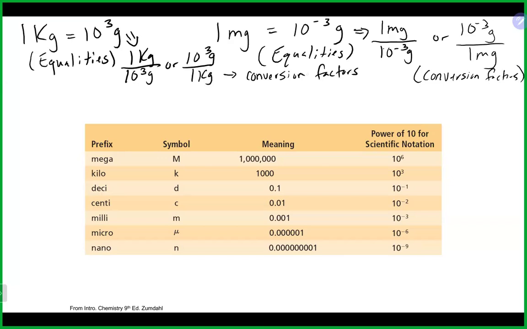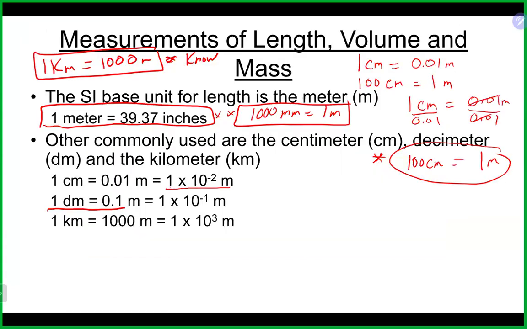So in chemistry, as I talked about, and we'll talk more about it in this chapter in a little bit more detail, when we do calculations, we show the calculations with what is known as dimensional analysis.